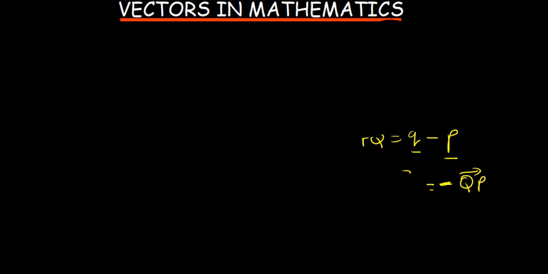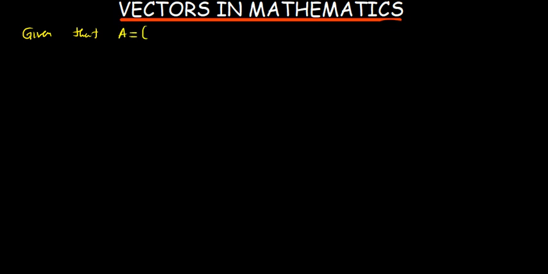So you find most of these questions in paper one. Let's say you've been given that A is 2 comma 1, and vector AB is 3 comma 2.